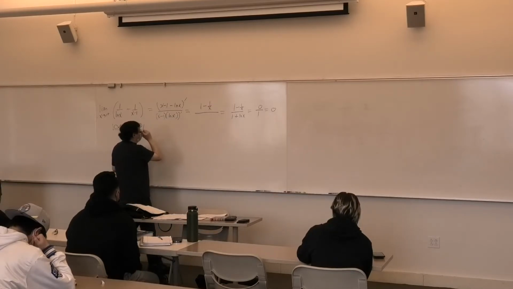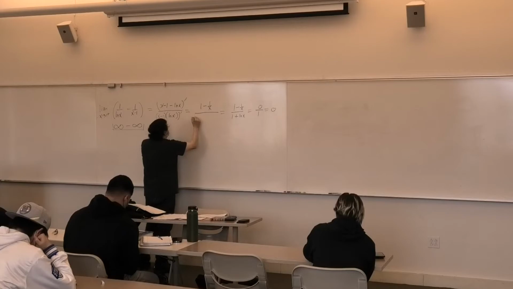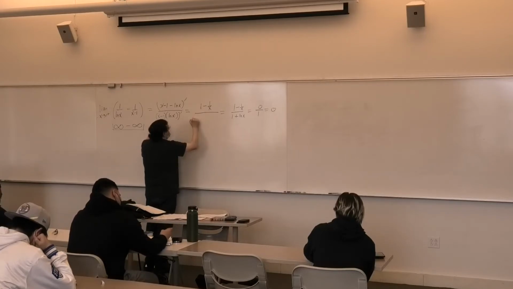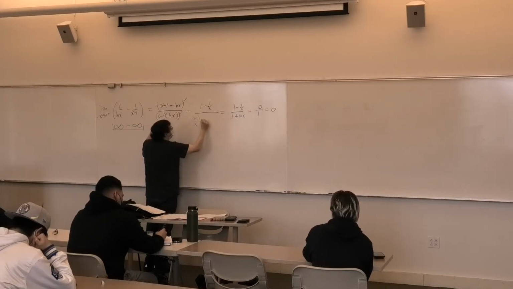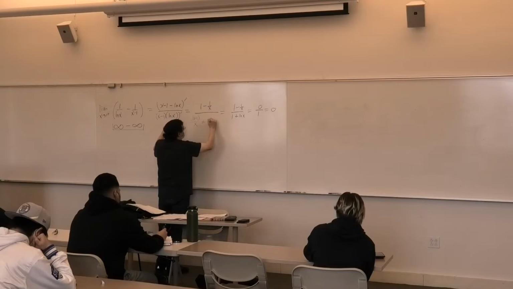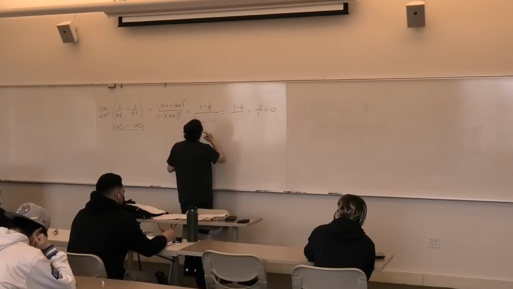Okay, so again, we're going to use the product rule. x minus 1 times the derivative of log of x, which is 1 over x, plus log of x. That's fine.